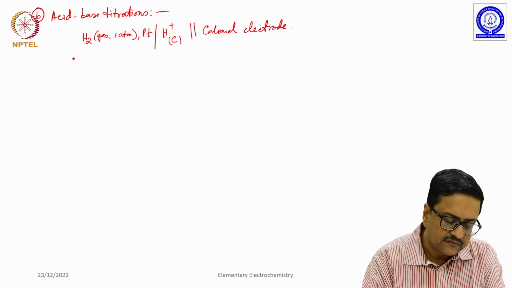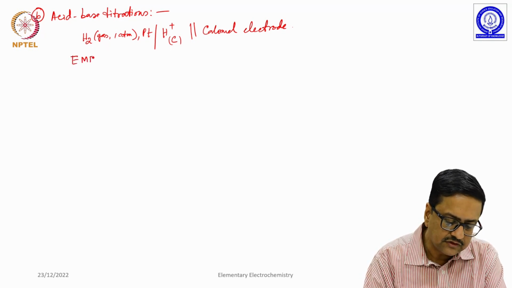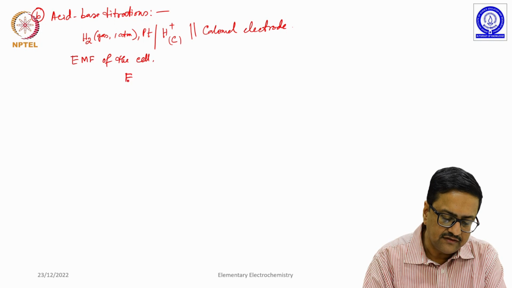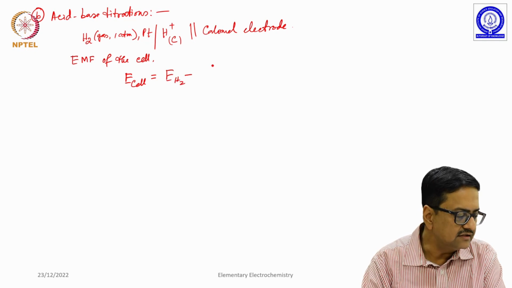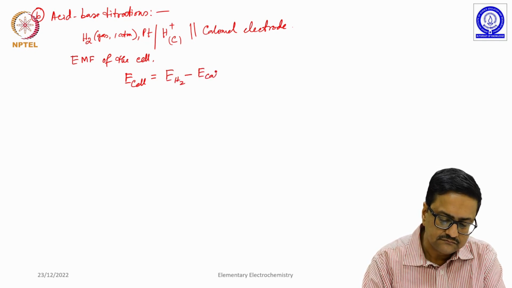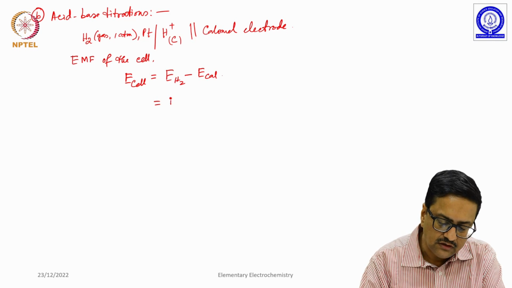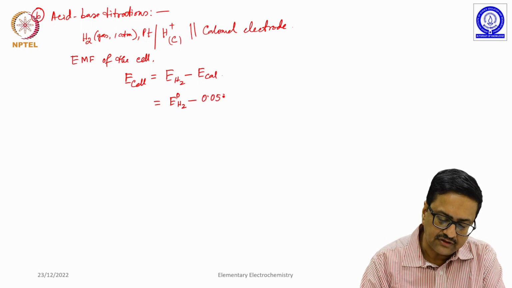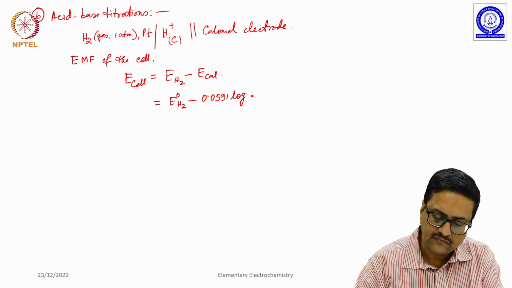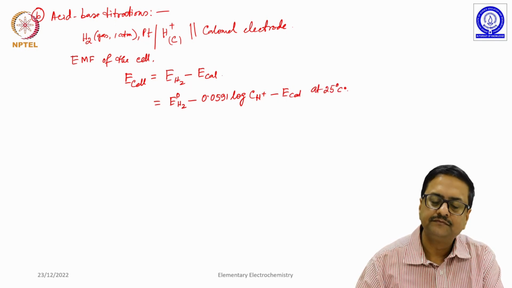So, in this case, the EMF of the cell will be E cell, which is equal to E hydrogen minus E calomel, or E hydrogen can be written as E 0 hydrogen minus 0.0591 log of concentration of H plus, minus E calomel at 25 degrees centigrade.